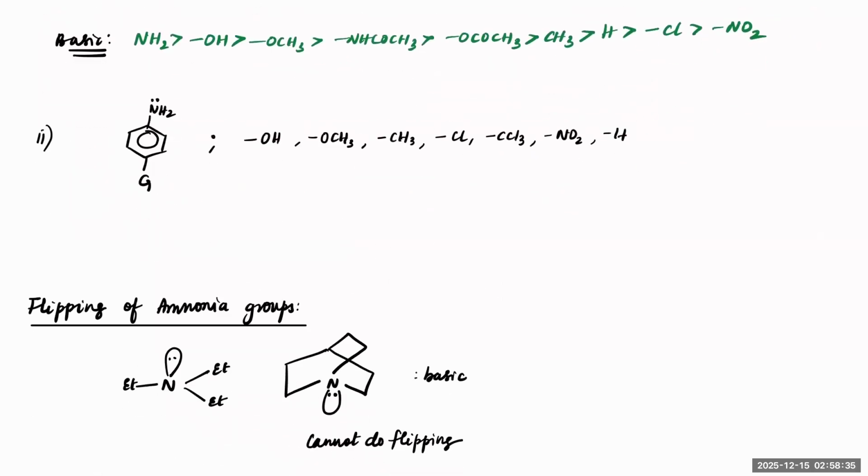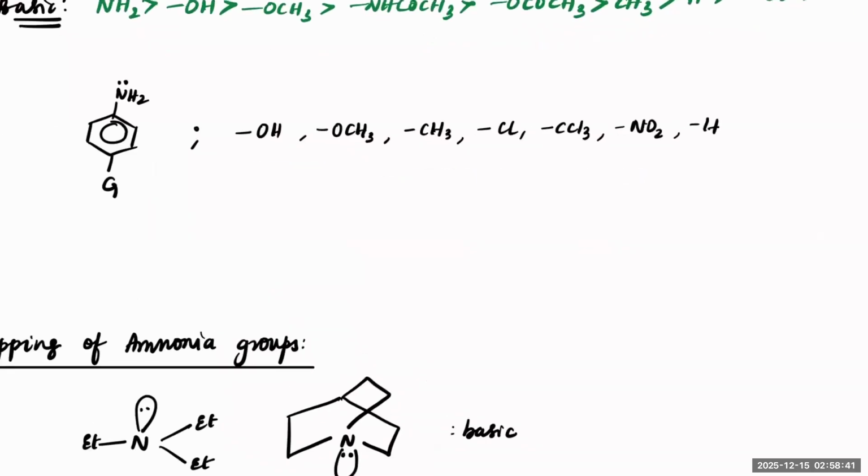And same logic again with the other groups here. If you notice, OH is an electron donating group, EDG. This is also an electron donating group. This is an electron withdrawing group, very strongly electron withdrawing.